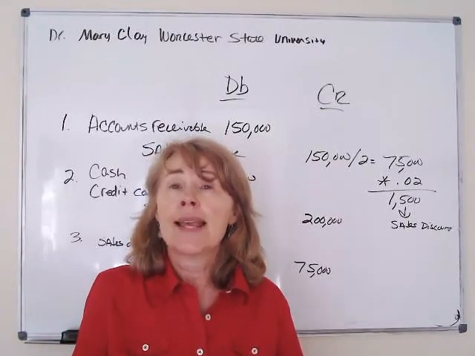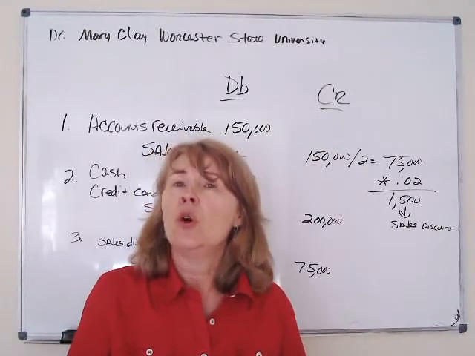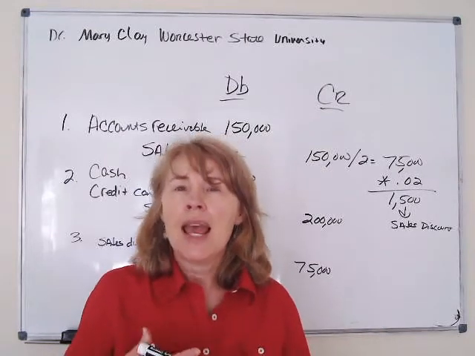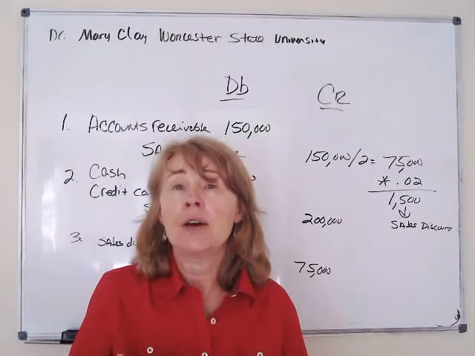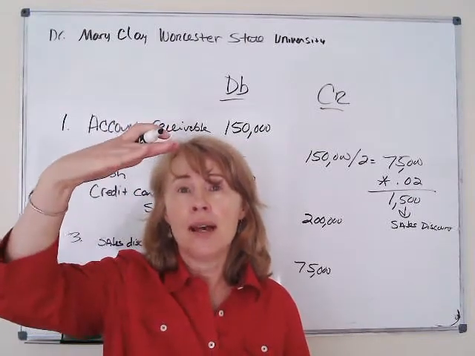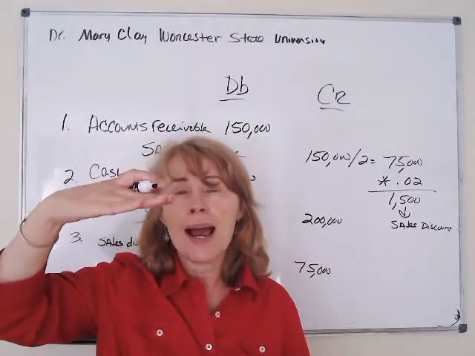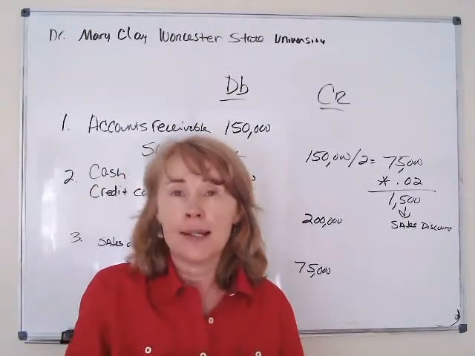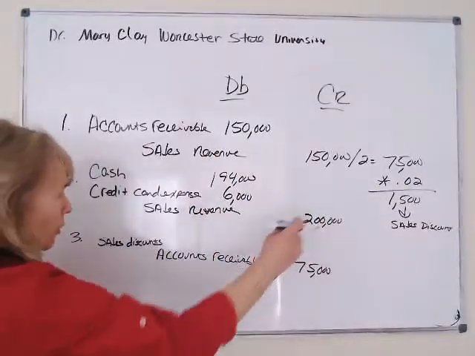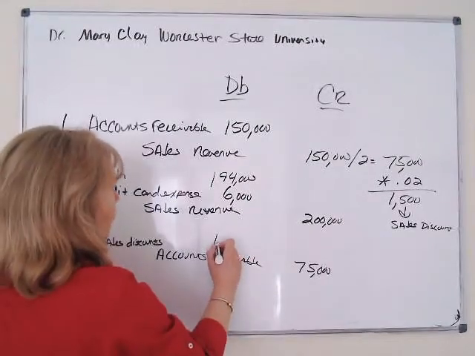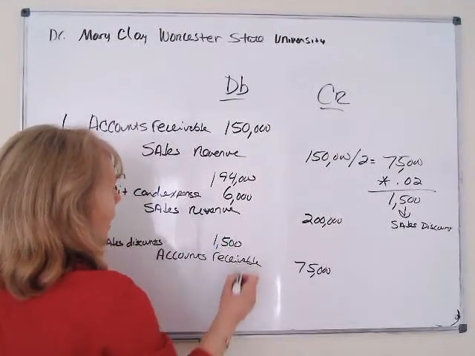So sales discount is a contra revenue. The normal balance will be a debit, and it will subtract from the regular account. The regular account is sales. So you have sales, then you will subtract your sales discount. So sales discount, and I'm going to record that separately, is $1,500. That's a debit.